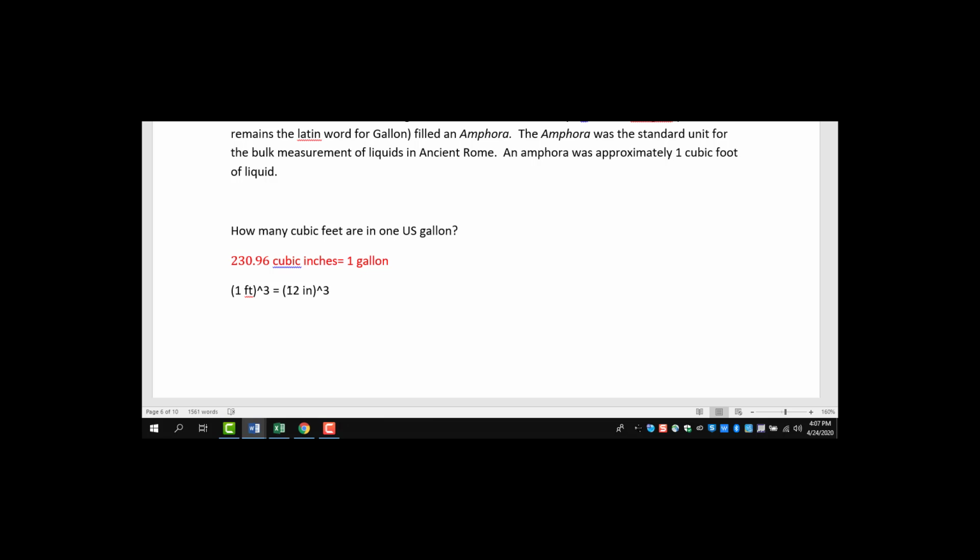I'm not going to write it all out, because I'm going to get 12 times 12 times 12 times inches times inches times inches. And here I'm going to get 1 times 1 times 1, which is 1. Feet times feet times feet.